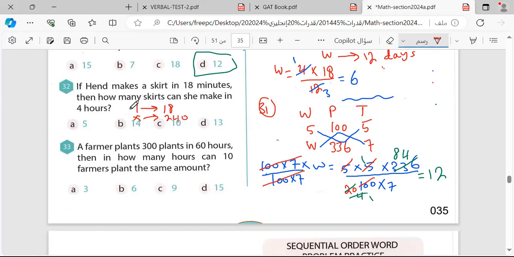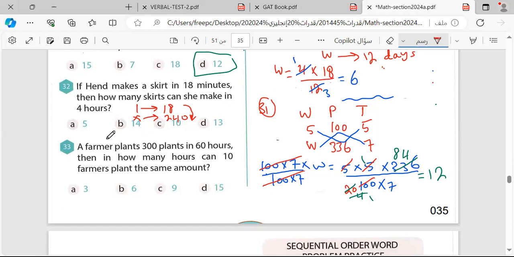So now when 18 becomes 240, multiply by what? 18 times what? You don't know?